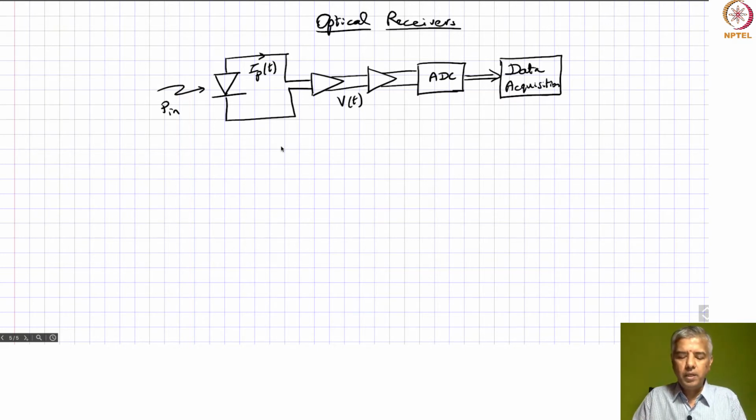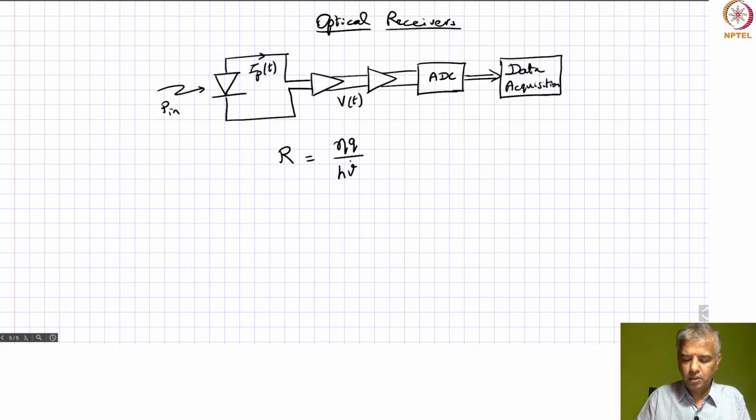We stopped at the point where we defined the responsivity R as eta q over h nu, in amp per watt.